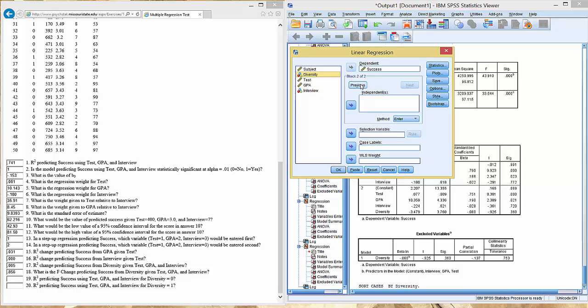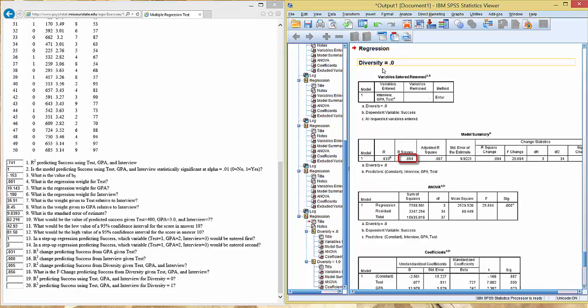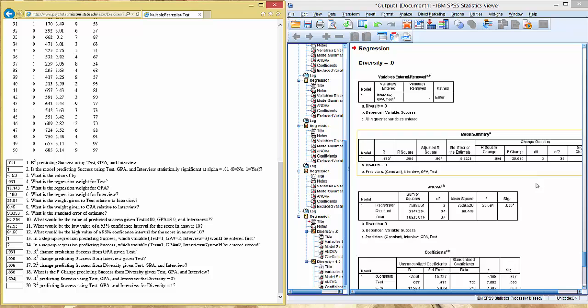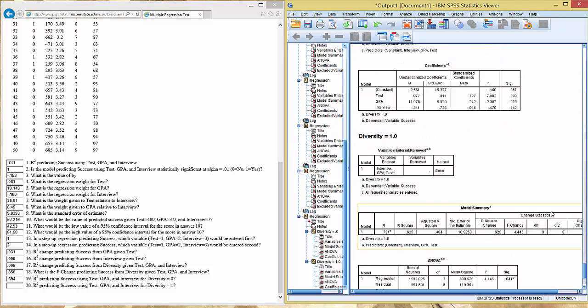We no longer want to put diversity in there, so we're predicting success, GPA, and interview separately for diversity 0 and 1. Okay, here's diversity is equal to 0, and the R squared is 0.694. We'll scroll down where diversity is equal to 1, 0.625, just about the same for both of them.